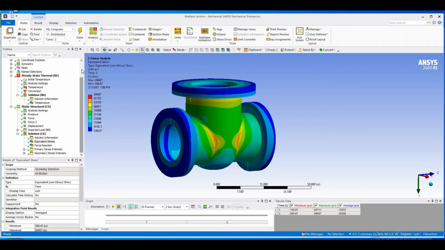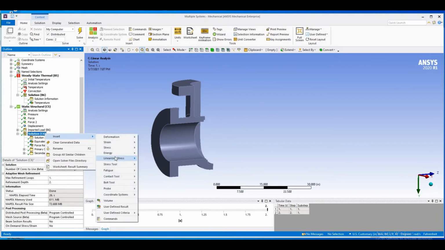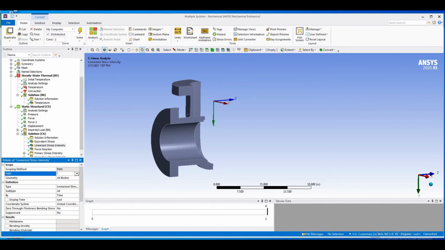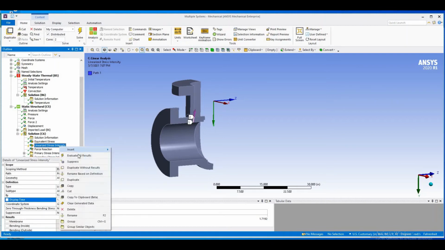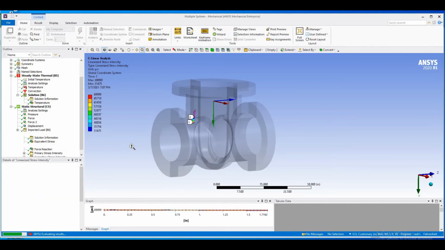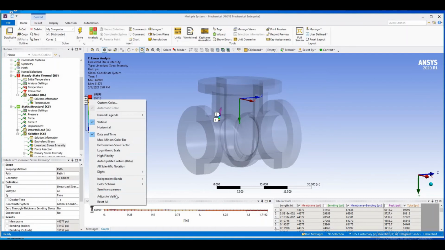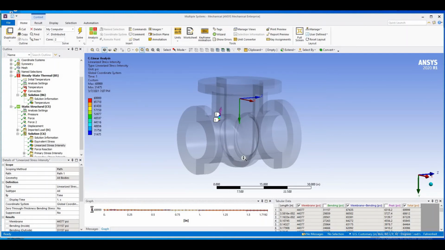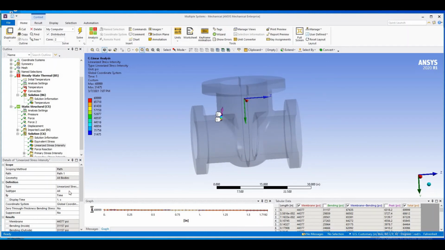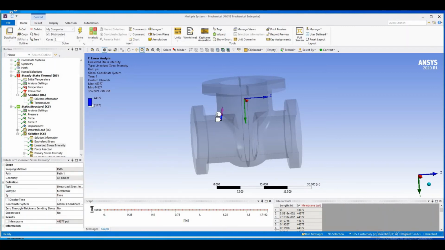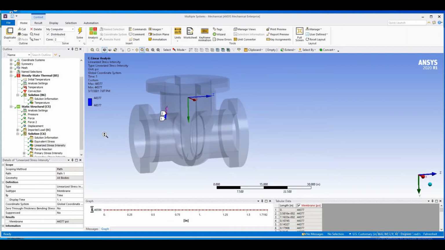We have defined the stress critical path earlier. Similarly, we can calculate the stress intensity for all other critical paths.